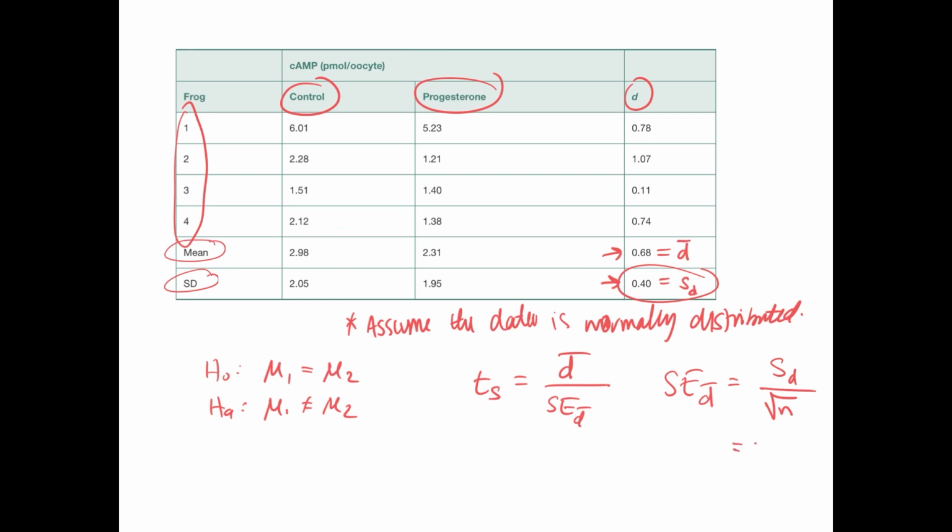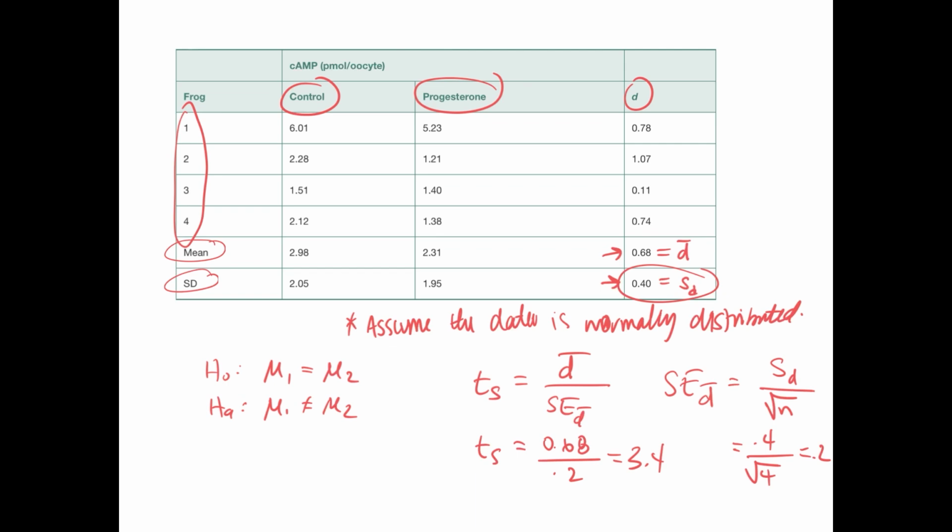So this is going to be 0.4 divided by the square root of 4, which is 0.2. Knowing d bar is 0.68, I can now work out my test statistic, which is 0.68 divided by 0.2, which is 3.4.